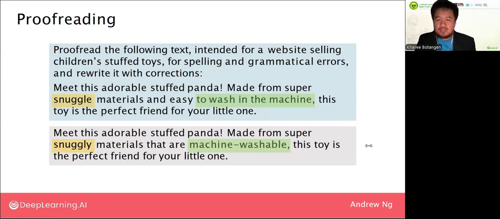In this case, the model can spot errors like the misspelling of, let's say here, snuggle, and correct grammatical issues. When we want to be sure our writing is free of errors, we can use an LLM to proofread our work. It really helps to feel more confident about the final product.